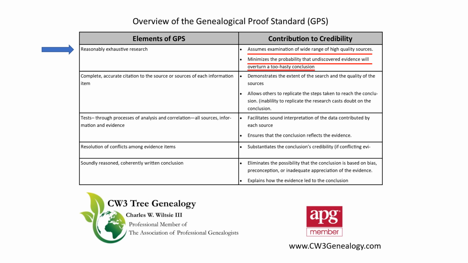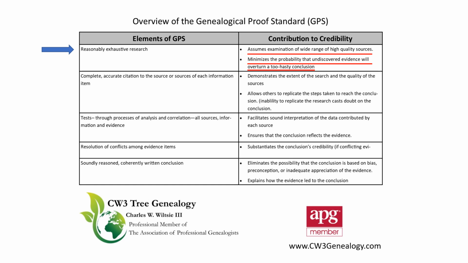Secondly, it minimizes the probability that undiscovered evidence will overturn a too hasty conclusion. A good example of this would be, let's say in 1850, a woman was pregnant April 15th. And then the census records indicate that possibly she gave birth to a child on April 16th in France of 1850.